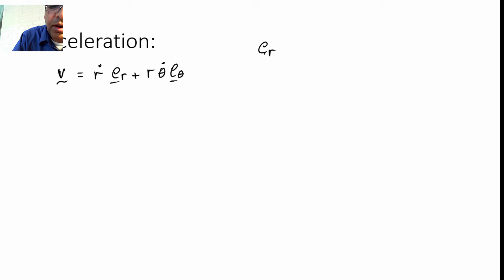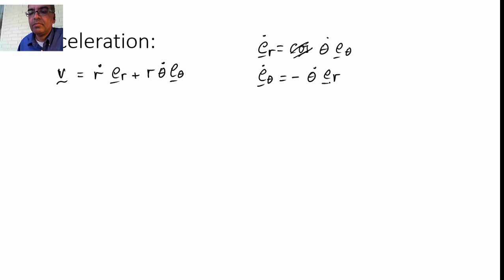What do I mean? Let us go up here, and I got our velocity is now r dot e_r plus r theta dot e theta. And remember, e_r dot was theta dot e theta, and e theta dot was minus theta dot e_r. This just comes from differentiating cos theta and sin theta. There is nothing much to it.